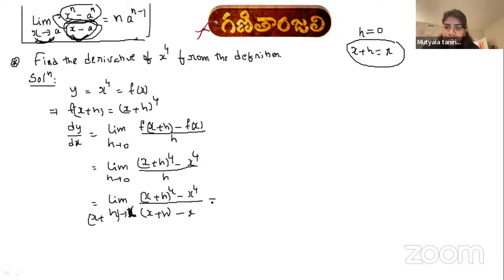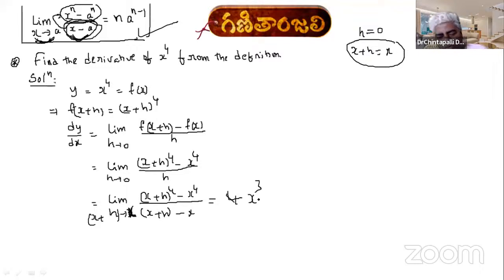So it is quite suitable for this formula. So it will be 4 times x to the power 3. That's why the derivative of x power 4 is 4x to the power 3.